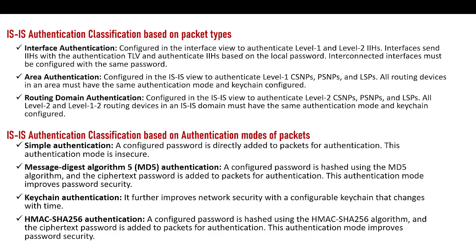So they can still go ahead and configure ISIS on their device, the ISIS adjacency will come up, and you are not secure anymore with simple authentication. So many times we suggest using MD5 keychain authentication or HMAC-SHA256 authentication. These types are more secure, and they are the recommended modes that you should be using on your network.